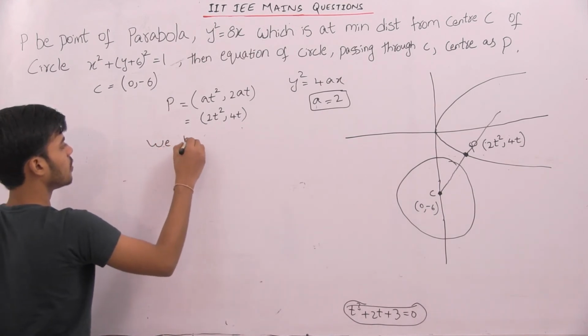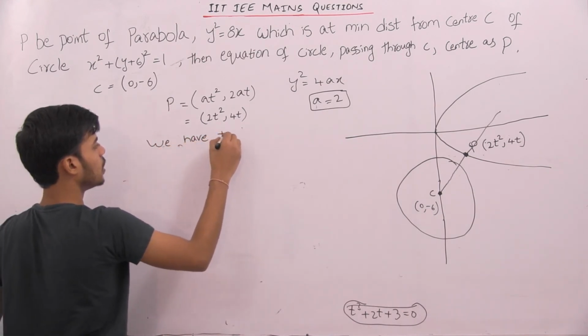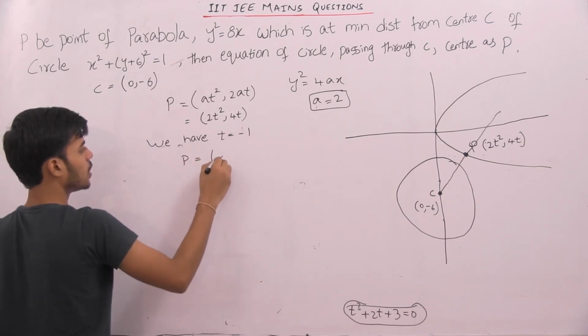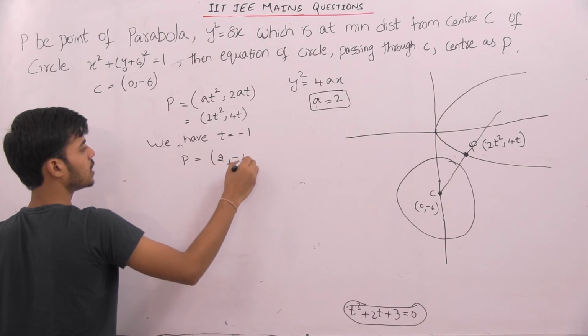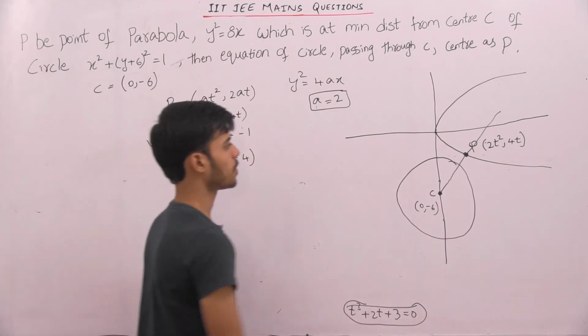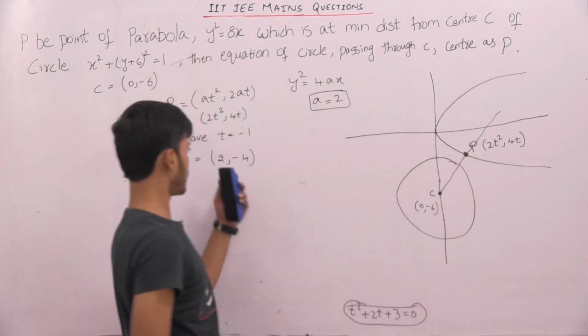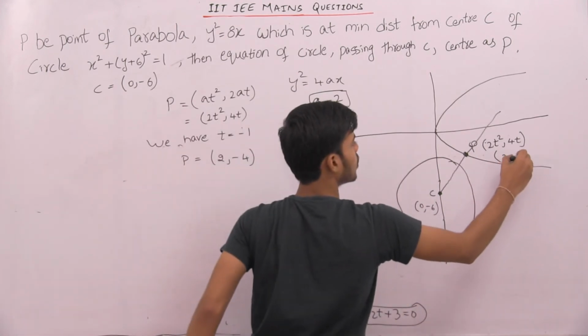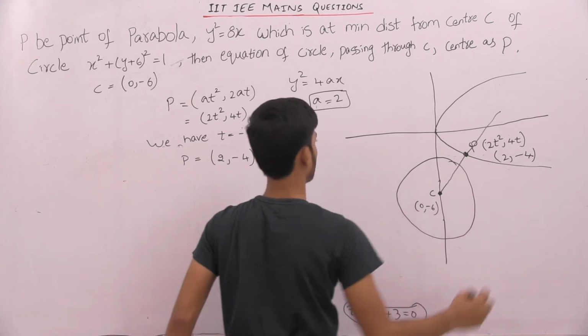We have t to be minus 1, which gives P as (2, minus 4). As we see, point P is in the fourth quadrant, so it is verified as (2, minus 4).